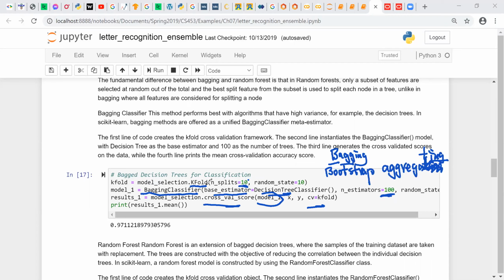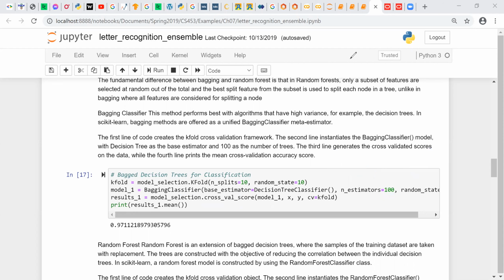Over here, we also integrate the k-fold cross-validation with our ensemble learning. So ensemble is just part of the learning, and we also apply cross-validation to try to improve the performance.